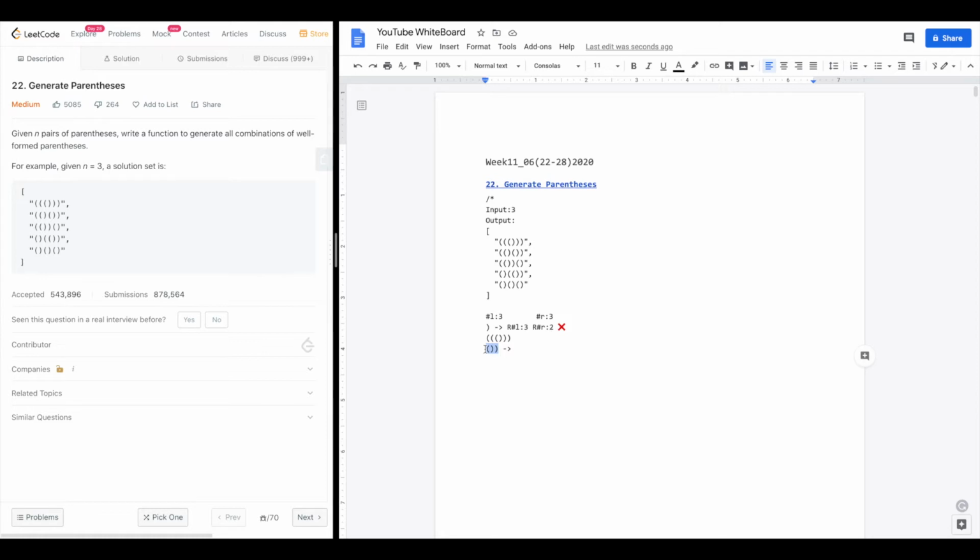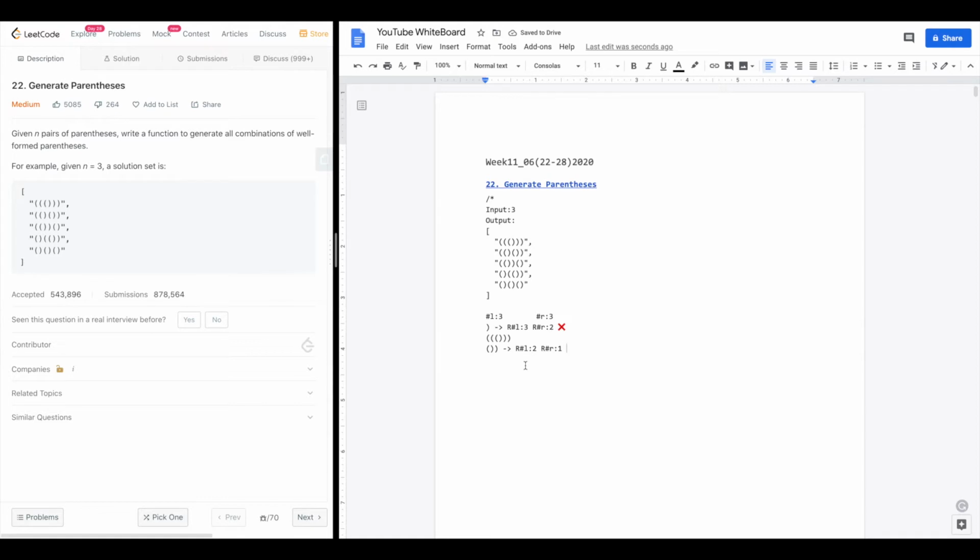The remaining number of left parentheses is 2, and the remaining number of right parentheses is 1. So this is wrong.